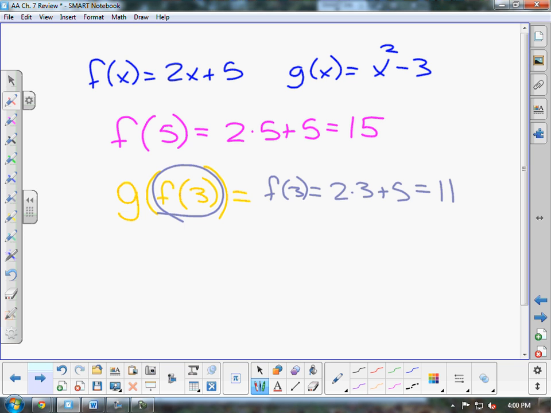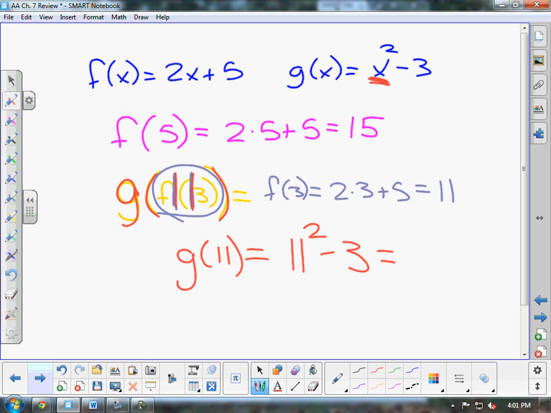And we know then that f of 3 is 11. So now we're going to find g of 11. And so then in this case, we substitute 11 in for x into the g function, and this is 11 squared minus 3, and that would be 121 minus 3 is 118. And so you'll have to do some things like that.